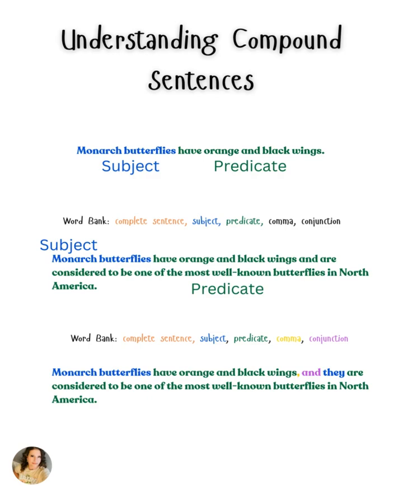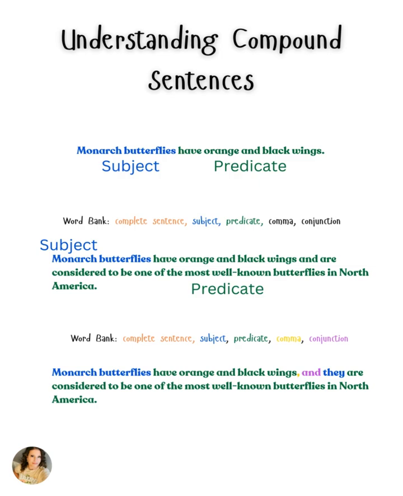You have monarch butterflies is the subject of the first complete thought. Have orange and black wings is the predicate of the first complete thought. So that very first sentence is monarch butterflies have orange and black wings. That sentence could stand alone by itself. We have it separated by a comma and the conjunction and then you have another complete thought.